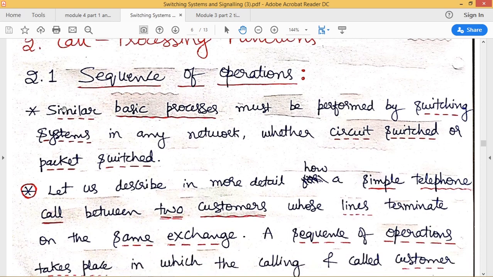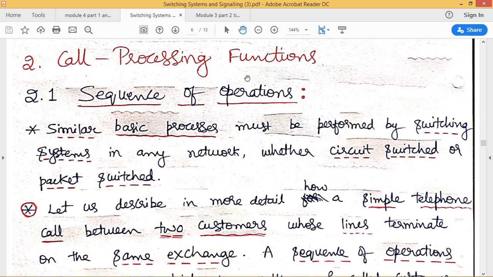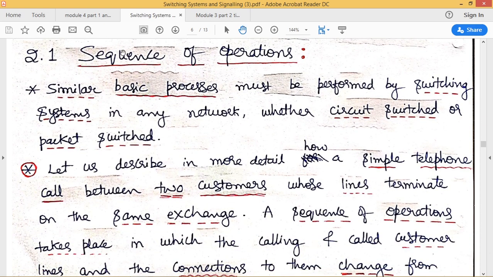We will discuss in more detail. First, let us deal with the sequence of operations involved in a call processing function. Similar basic processes must be performed by a switching system in any network, whether it is circuit switched or packet switched. A circuit switched network is a space division network, and a packet switched network is a time division network.